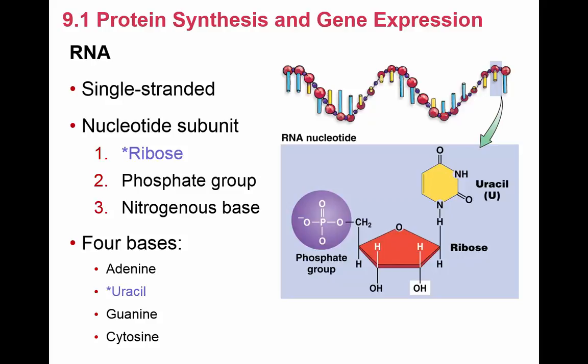So you remember Auburn Tigers, A went with T. Well, in RNA, there is no T. There is no thymine. Instead, RNA possesses the four bases adenine, uracil, guanine, and cytosine. So when RNA bases pair, adenine pairs with uracil, guanine still with cytosine.